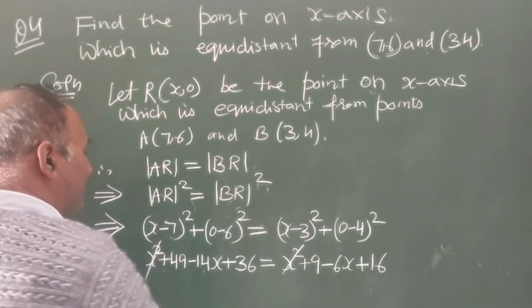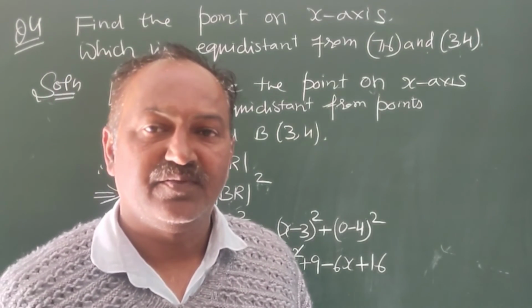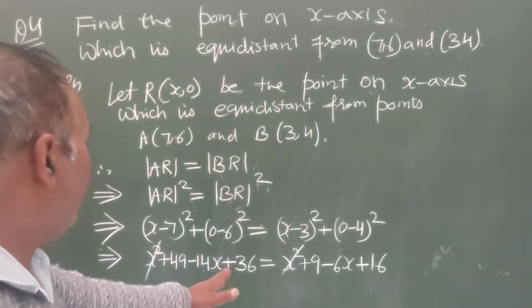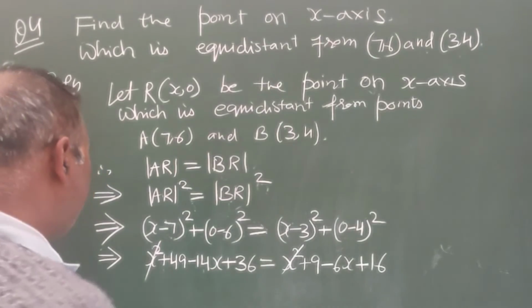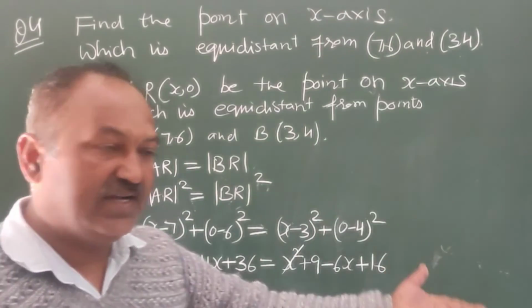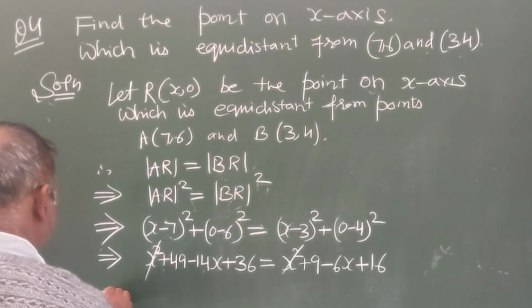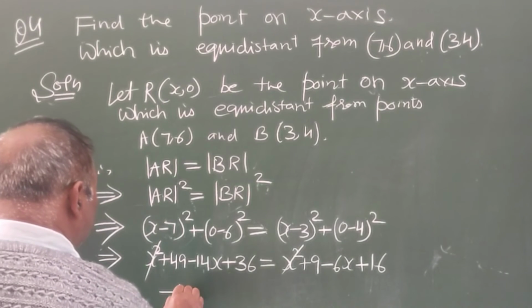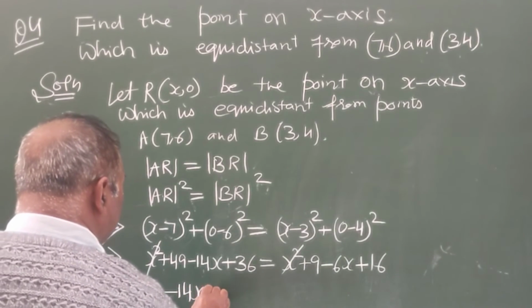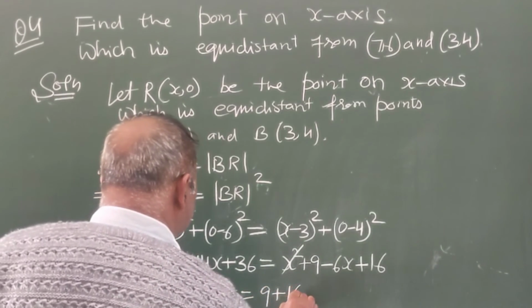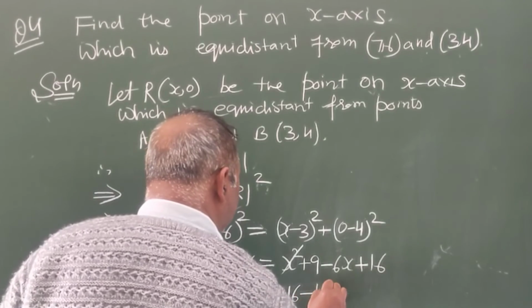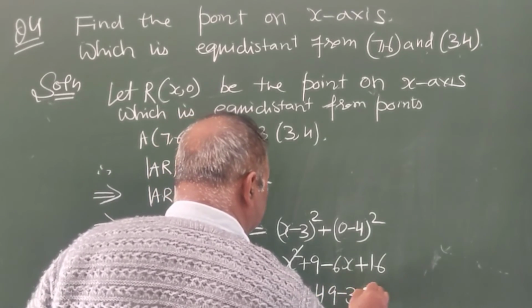Cutting x square by x square, we get, taking the variable x to the left hand side and the constants to the right hand side, minus 14x plus 6x is equal to 9 plus 16 minus 49 minus 36.